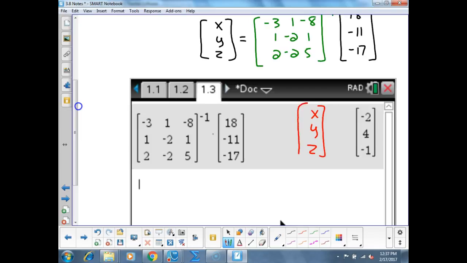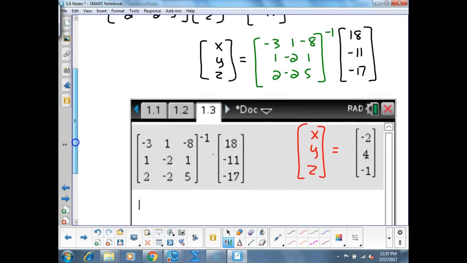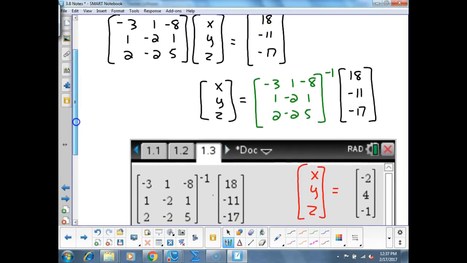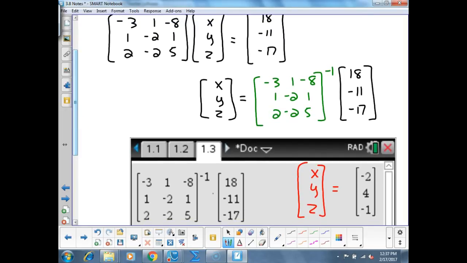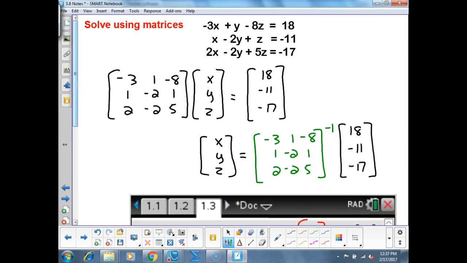Well, do you agree with that answer? Well, what do we have to do in order to agree with that answer? Check it out. So we got negative 2, 4, and negative 1. Negative 2 times negative 3 is positive 6, plus 4 plus 8. 6 plus 4 plus 8 is positive 18. Checks out.